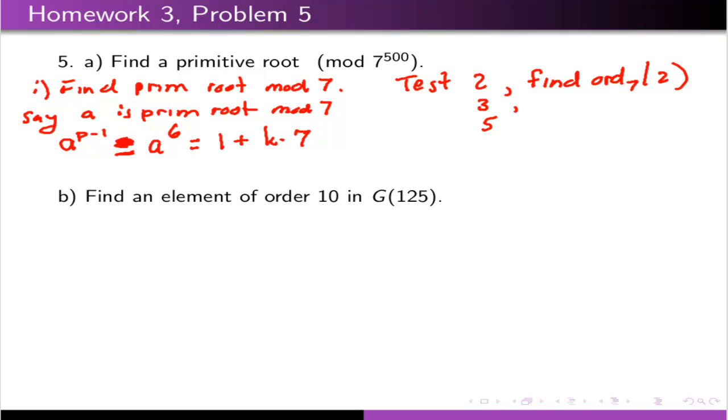And if 7 is not a divisor of k, then A is a primitive root mod any power of 7.